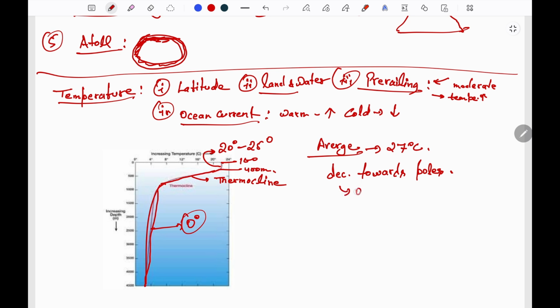It is generally 0.5 degrees Celsius per latitude. At 20 degree latitude, it witnesses a temperature of around 22 degrees Celsius. 14 degrees Celsius temperature is witnessed at 40-degree latitude, and near the poles the temperature is around 0 degree.